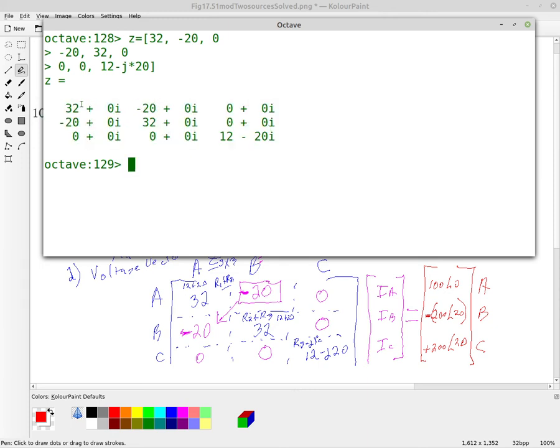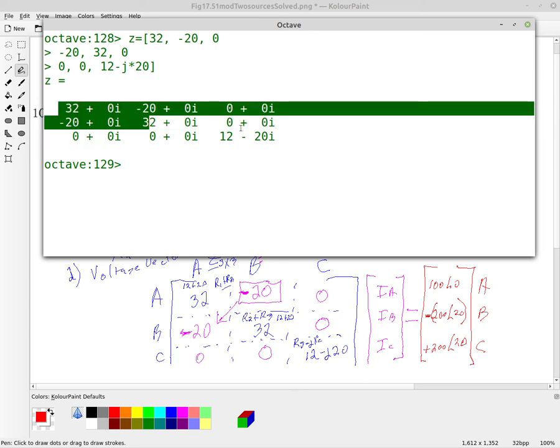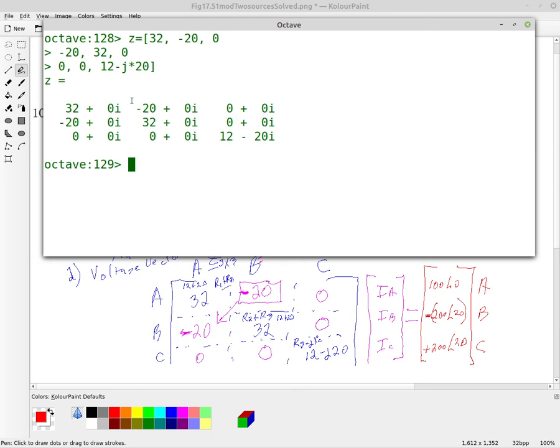Okay, and notice because I have a j term in there, it actually uses the mathematical term i in the software here, but it puts the i on all the values and just says plus 0i for all these that are pure resistance. All right, but it goes through and displays it.